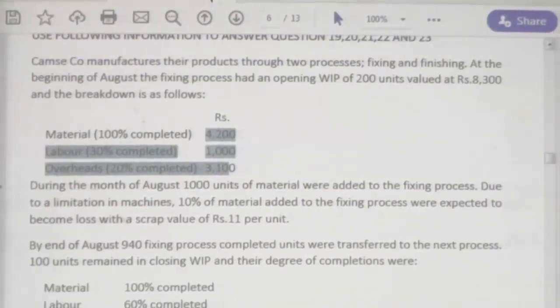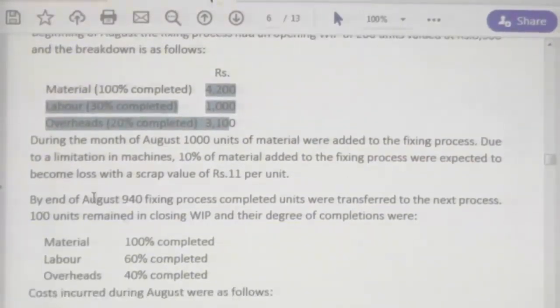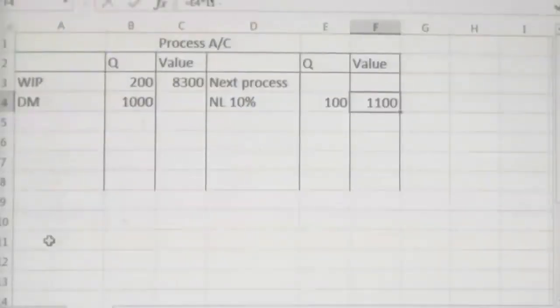By the end of August, 940 fixing process completed units were transferred to the next process. They completed 940 and 100 units remain in closing work in progress. Their percentage of completion is given, right? 940 completed, 100 incomplete.